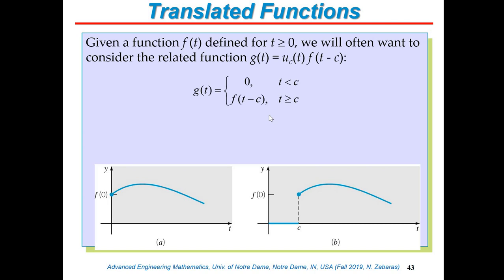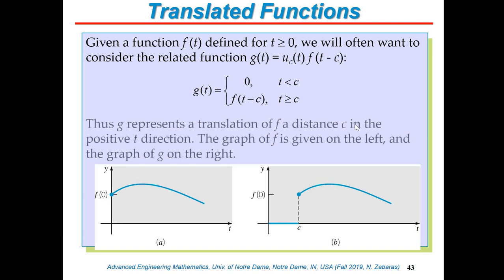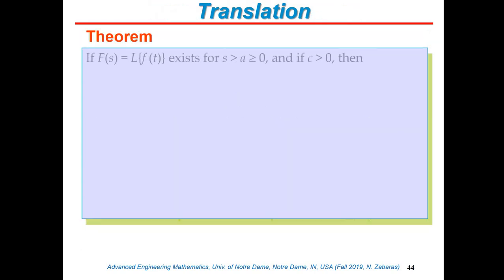So here we have the product of a step function with f of t minus c, and this is a good way to write compactly the translation by a time c of the function f of t. And again, no surprise that the Laplace transform for what you see here is easily computed, and it's actually something that you will see in the previous table that we had.